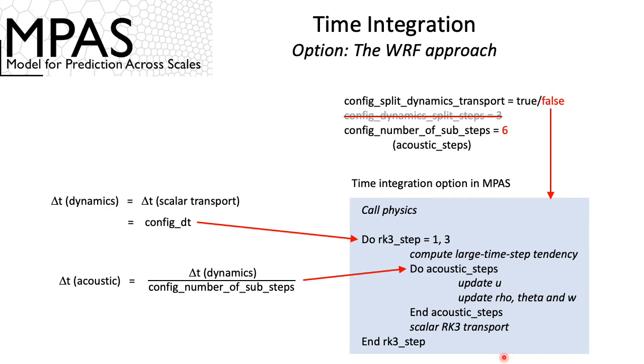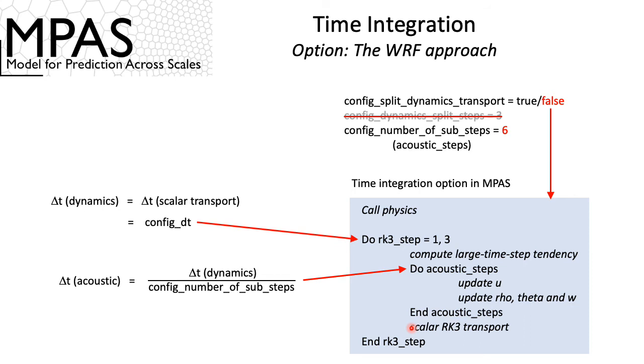The time step integration you get is shown here, and here the Runge-Kutta step that integrates the dry dynamics also integrates the scalar transport at the same time. That's the difference between the split dynamics transport configuration of MPAS versus the non-split dynamics transport configuration, that non-split one being identical to WRF time integration.